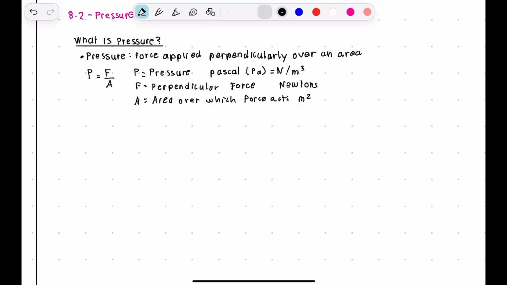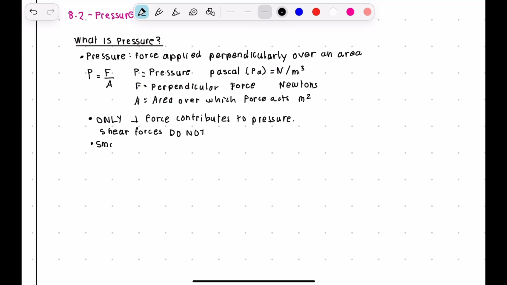Now let's continue with some critical facts. Only the perpendicular force contributes to pressure. Therefore, shear forces do not.